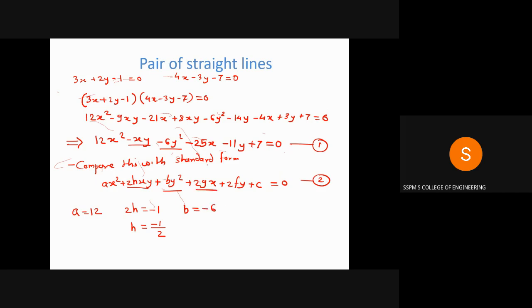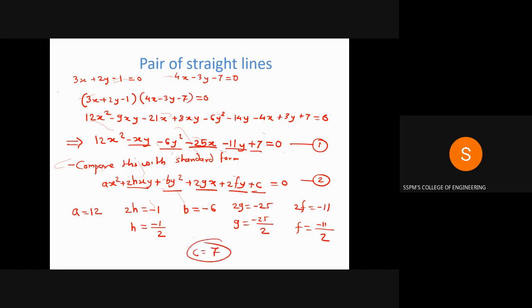Next, 2g is equal to minus 25, that is g is equal to minus 25 divided by 2. Similarly, for 2fy it is minus 11y, which implies 2f is equal to minus 11, that is f is equal to minus 11 divided by 2. And c is equal to 7.